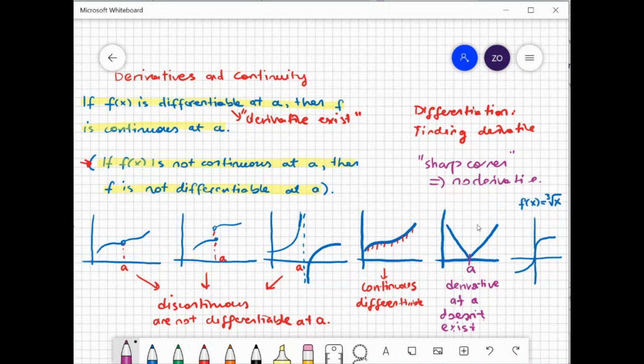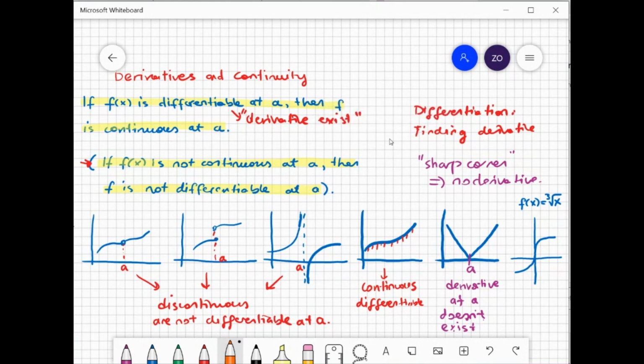Why? Because if you approach that point from the right or from the left, you will have two different tangent lines. The secant lines on one side will approach a line which has a positive slope, and if you approach A from the other direction, you will have a tangent line with a negative slope. So there are two different tangent lines.